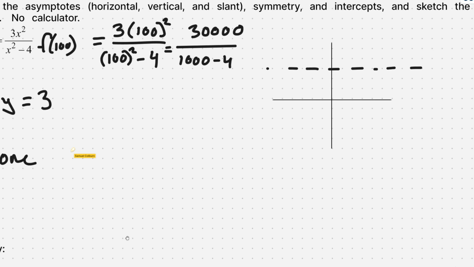When I check to see what values could cause the bottom of this fraction to be equal to 0, I get 2 and I get -2. And the top, when I plug in 2 or negative 2, is going to be equal to 12. So I'm going to have an asymptote here.